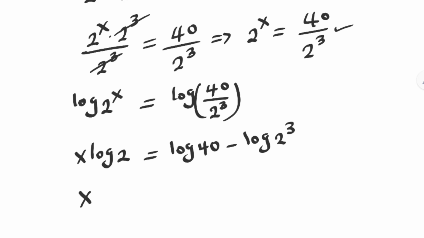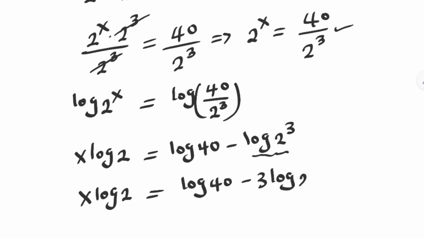Then x log 2 is equal to log 40 minus, this can be written as 3 log 2.